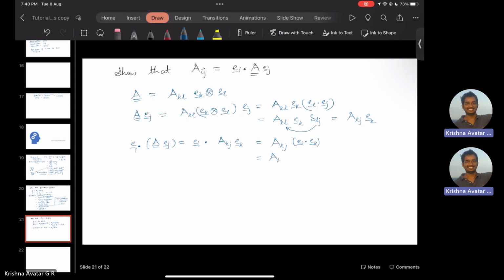This we have as A_kj delta_ik, and again using the substitution property of delta, this becomes A_ij. Now you see, right, we are able to show what we wanted. So this implies that A_ij is equal to e_i dot A e_j.